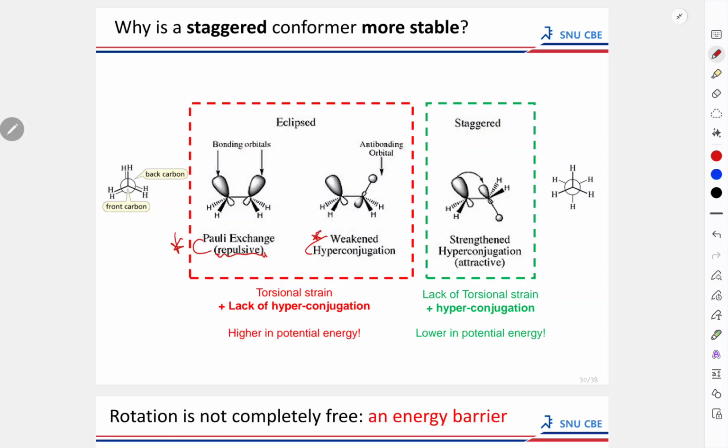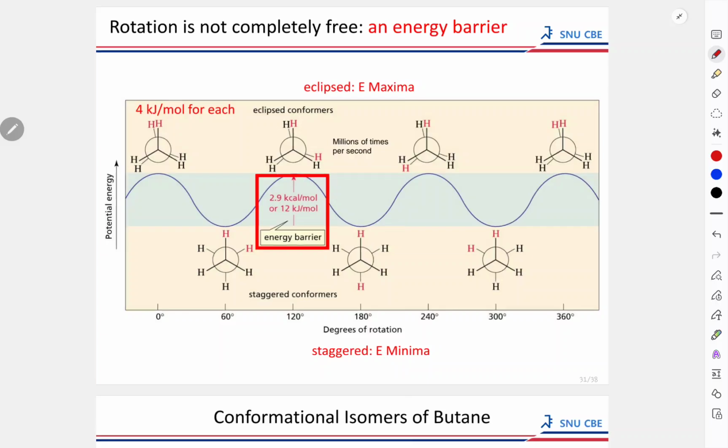And this is the free energy diagram, or potential energy surface, as a function of the rotation. Then you can imagine this kind of periodic trend, and you can identify the energy maximum for the eclipse conformer, and also the energy minima for the staggered conformer.